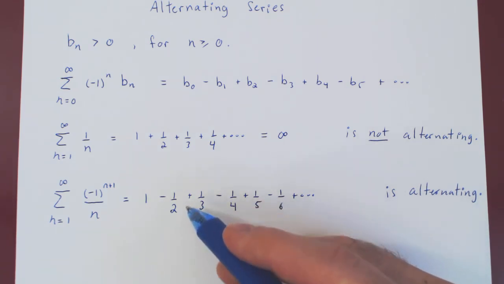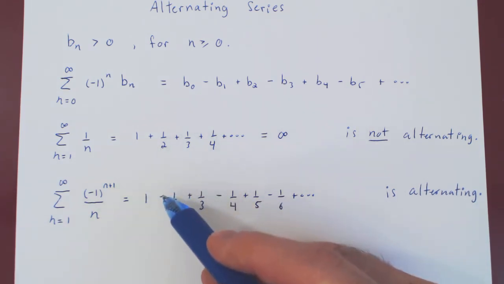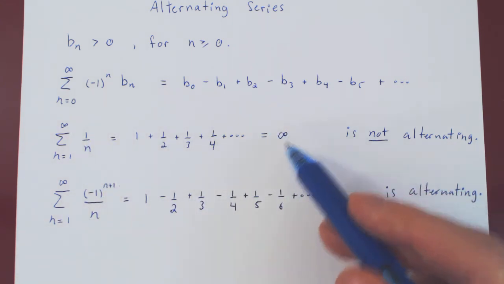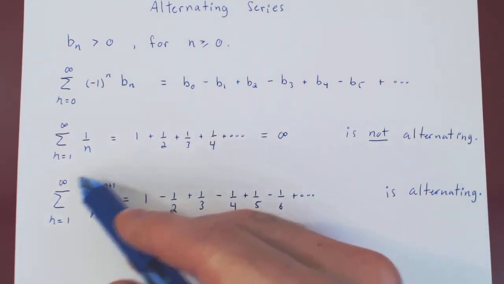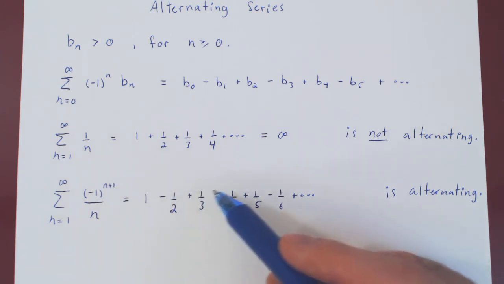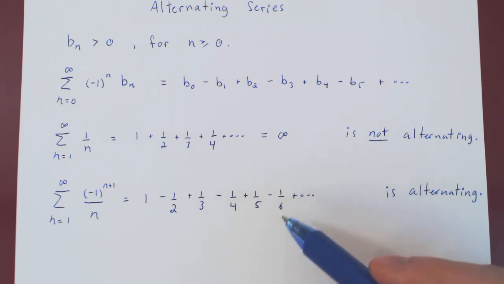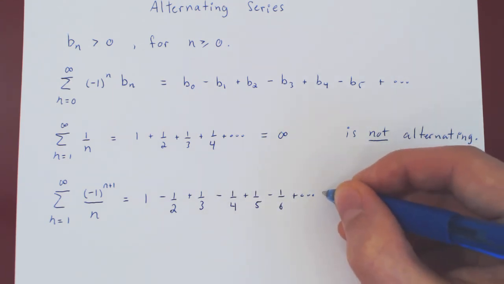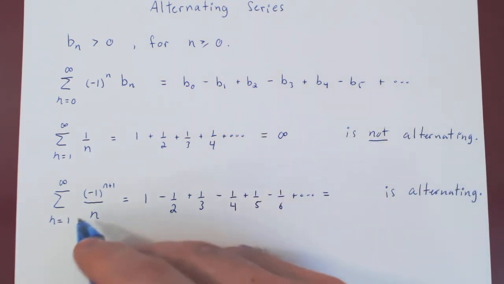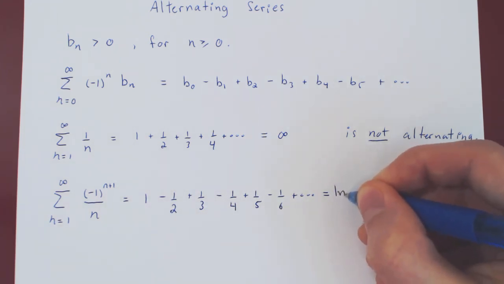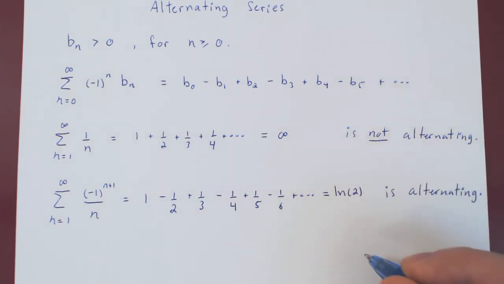What's interesting is that if you remove the alternation, then the series blows up to positive infinity. As it turns out, this alternating series does converge, and not only does it converge, giving us a real number, we will show later on that this infinite series converges exactly to the ln of 2.